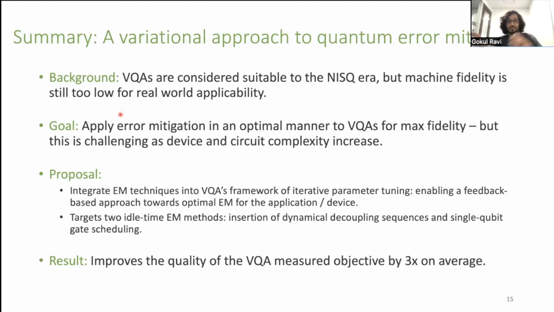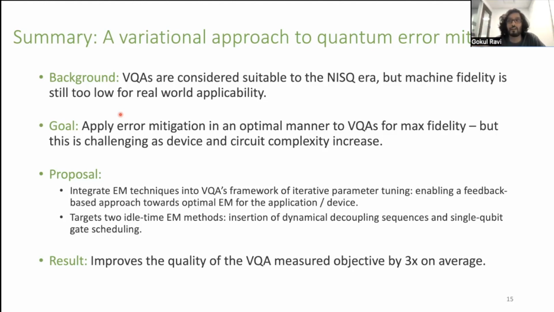The idea, which I've already sort of motivated, is that though VQAs are more suitable to the NISQ era, the fidelity of machines is still too low for VQAs to have real-world applicability. Error mitigation is useful for both VQAs as well as all other quantum circuits.